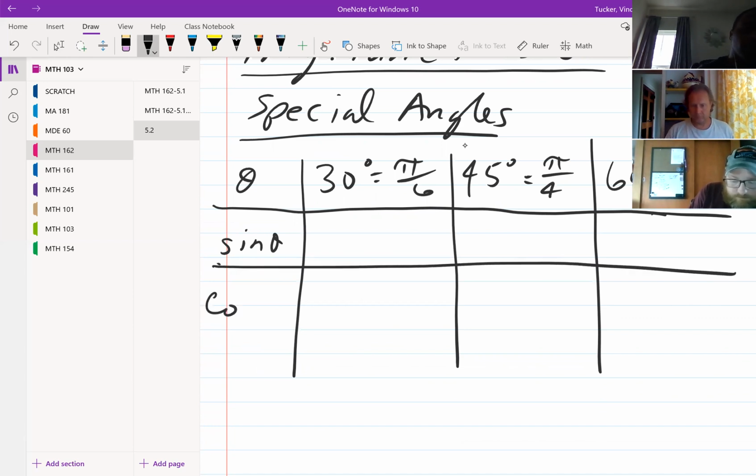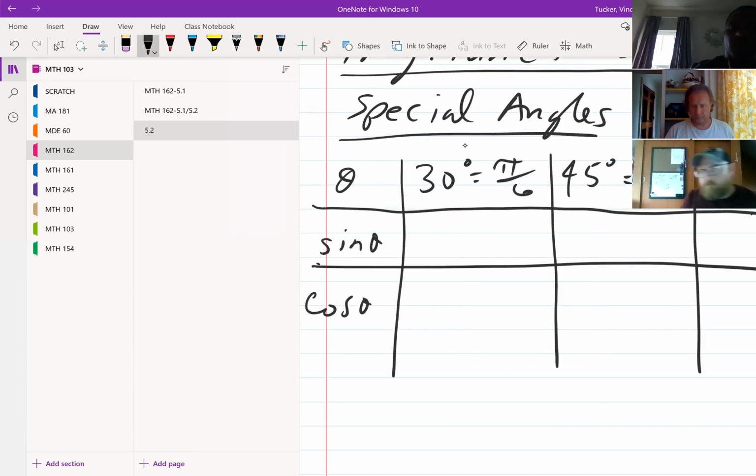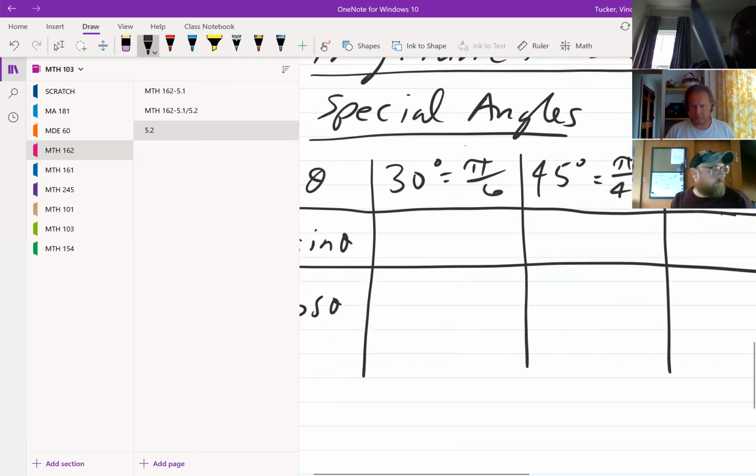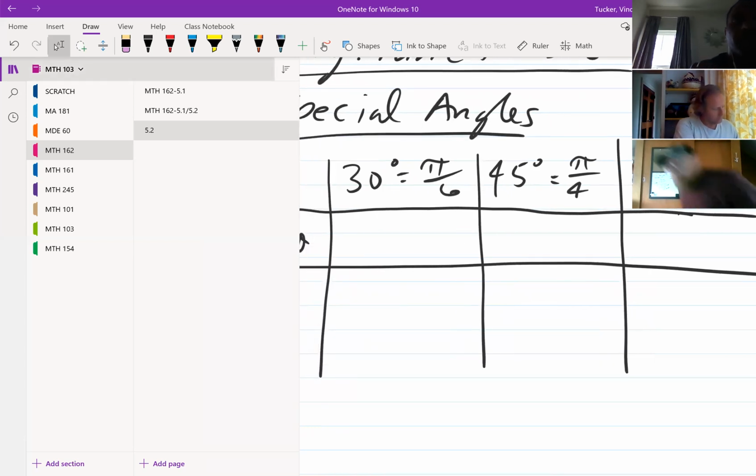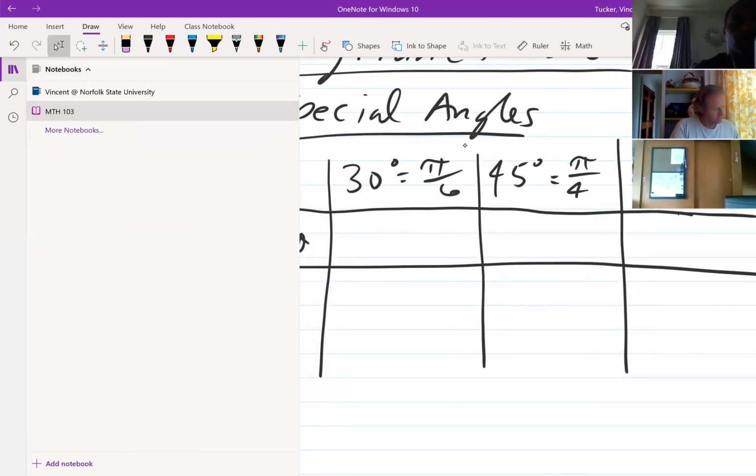Got sine, cosine, theta. Whoa. Let me get my stuff back, trying to figure out how to take my page back. All right, give me 1 second, guys. I'm losing some of my room here.